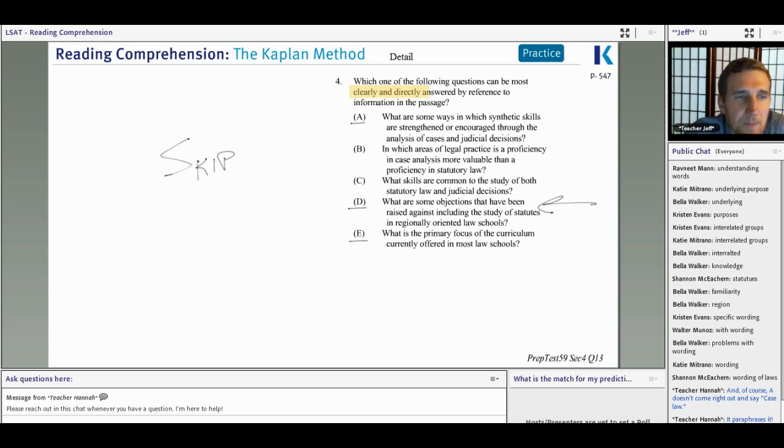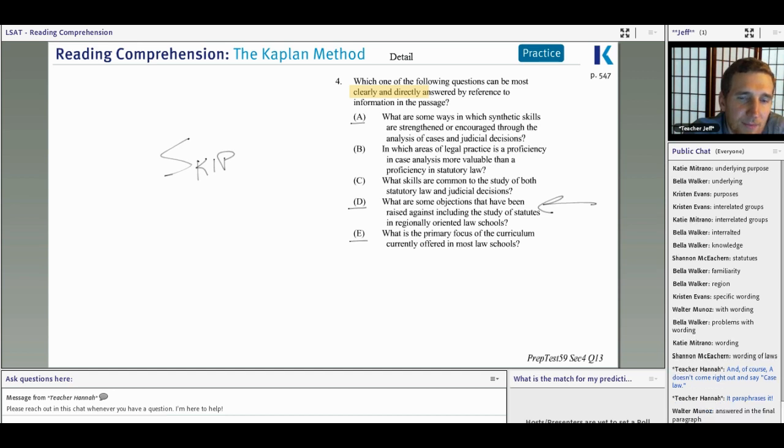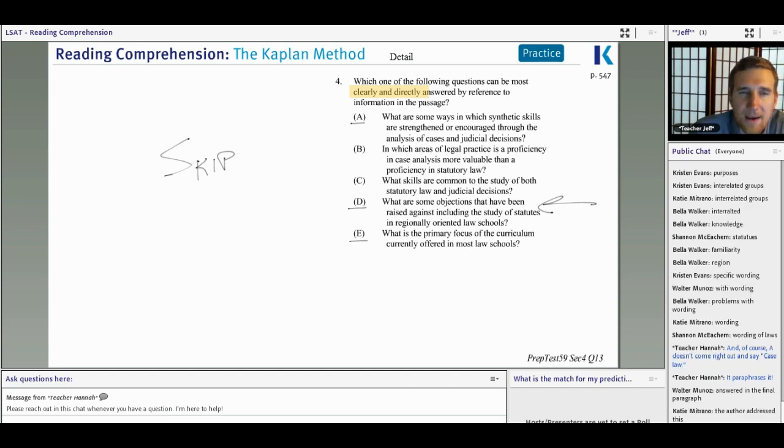D says, what are some objections that have been raised against including the study of statutes in regionally oriented law schools? Okay. Talk to me about this. We had 60% of you pick it. What did you like? Let me know. Cameron answered in the final paragraph, right?